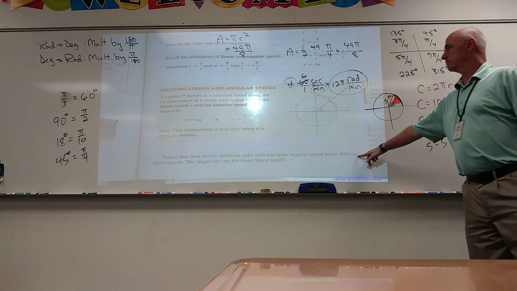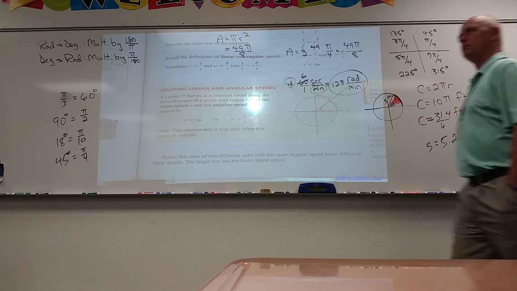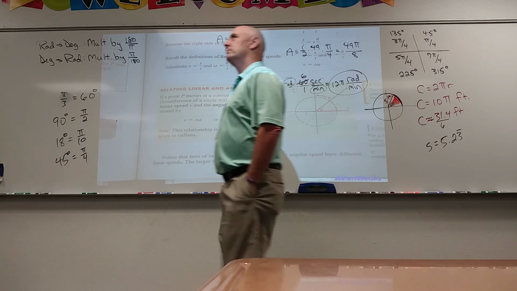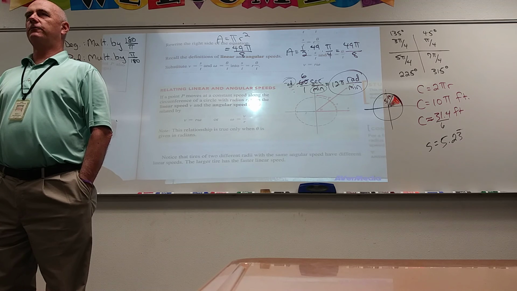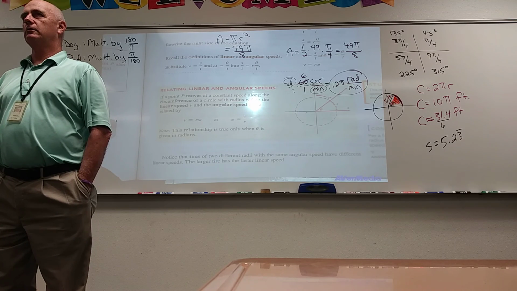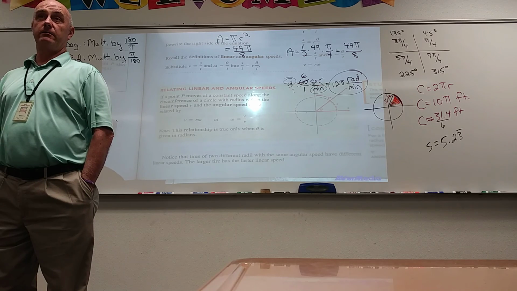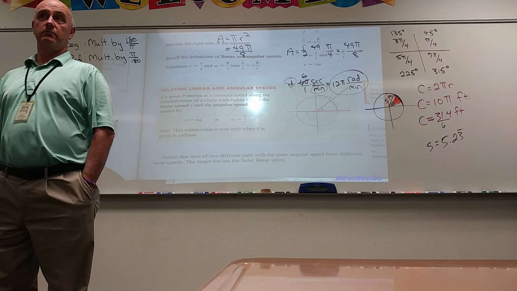Look at this. Notice the tires of 2 different radii with the same angular speed have different linear speeds. Wait a minute. What does that mean? You change the tires on the car and it still moves at the same pace? That means if you change a tire on a car, it might be a pain if you put on a tire that's a different size.